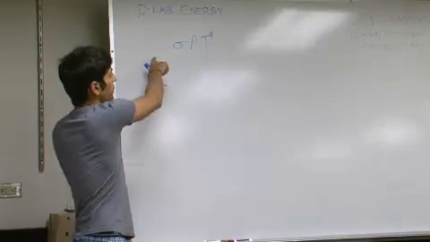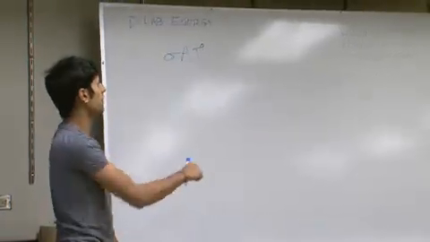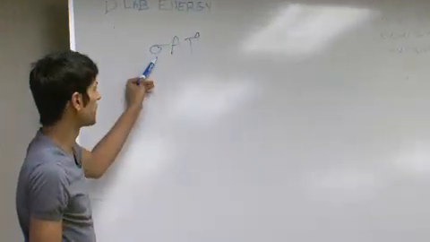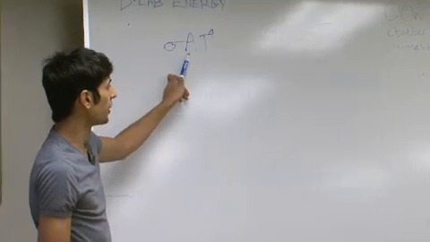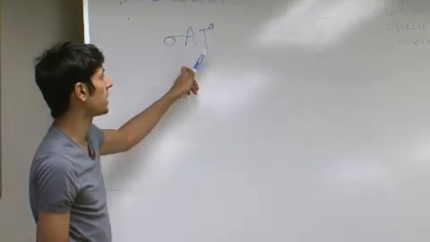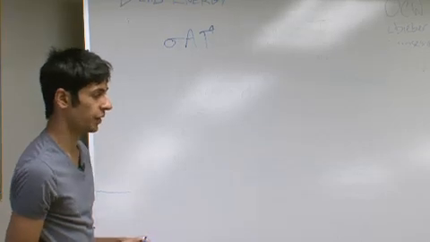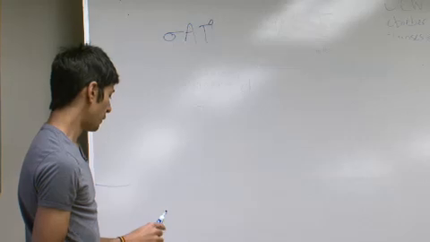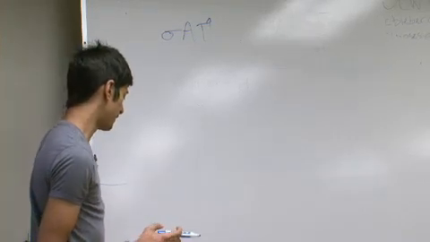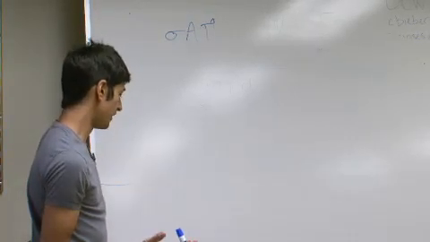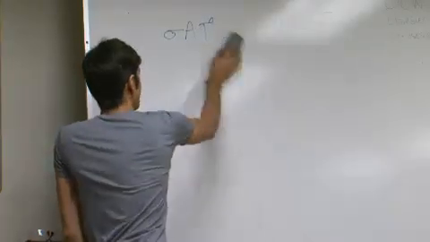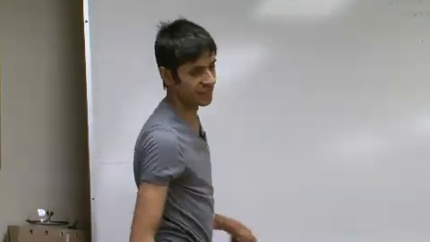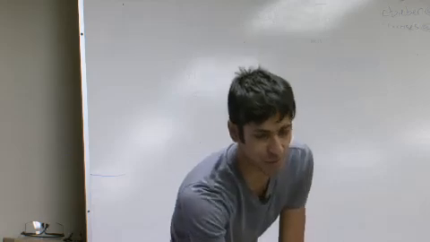The heat transfer due to radiation is the Stefan-Boltzmann constant times the surface area of the object times the temperature to the fourth, which is an important equation to know. For convective heat transfer, you have a different equation, but again, this isn't that relevant, so I'm going to move on.